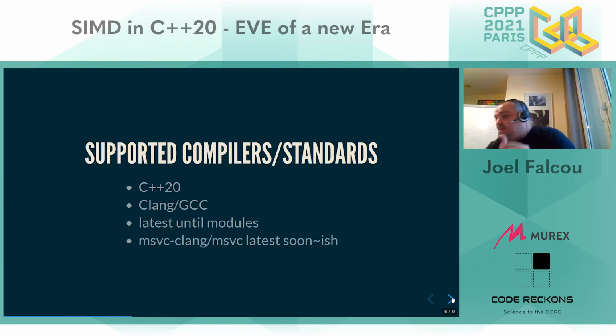For people using MSVC, well, you can try. The MSVC Clang support is mostly there. We are trying to push that soonish. I know that I have said soonish on this slide since CppCon, but yeah. MSVC proper is a bit more complicated. We are still battling against some inadequacies, but we are trying to go over the details and make it work.